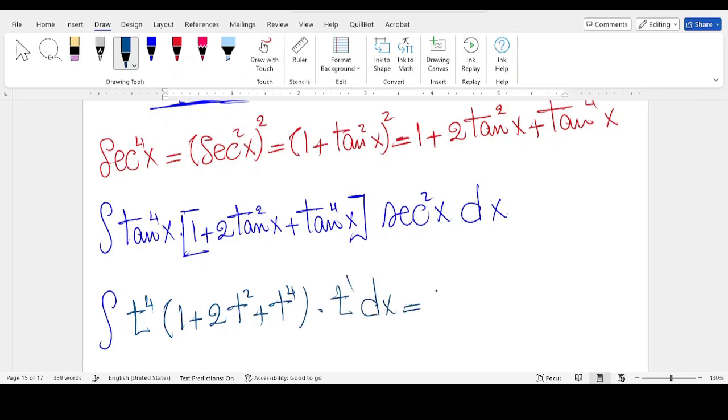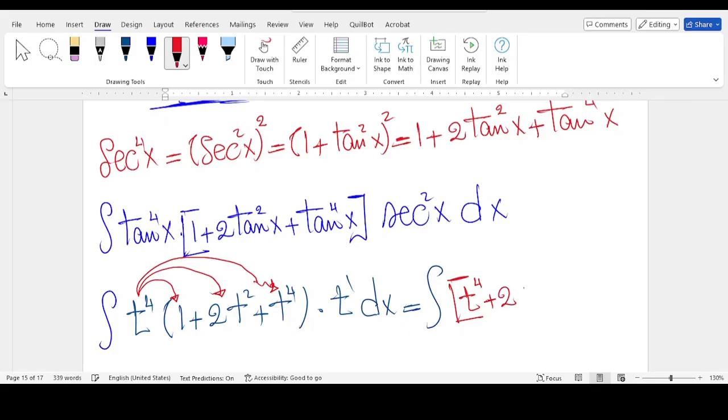Distributing t to the power 4 on each term in the bracket: t power 4 times 1, t power 4 times t square, and t power 4 times t power 4. This will be t power 4, plus 2 t power 6, plus t power 8, times t dash dx.